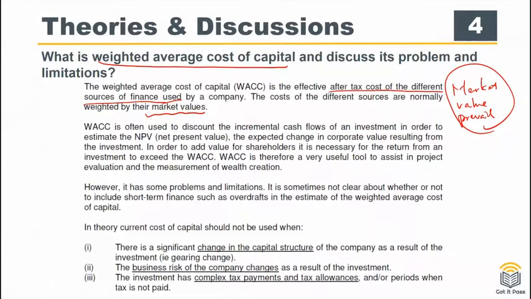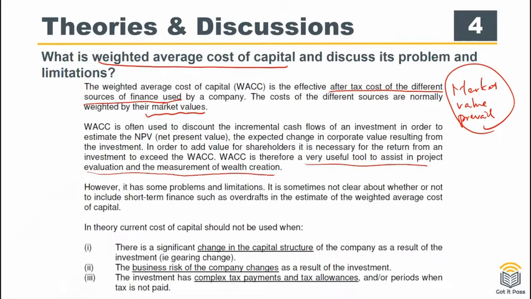The NPV is directly linked to the shareholders' wealth or the company's value. So WACC is highly respected in financial management. WACC is very useful to assist in project evaluation and the measurement of wealth creation.